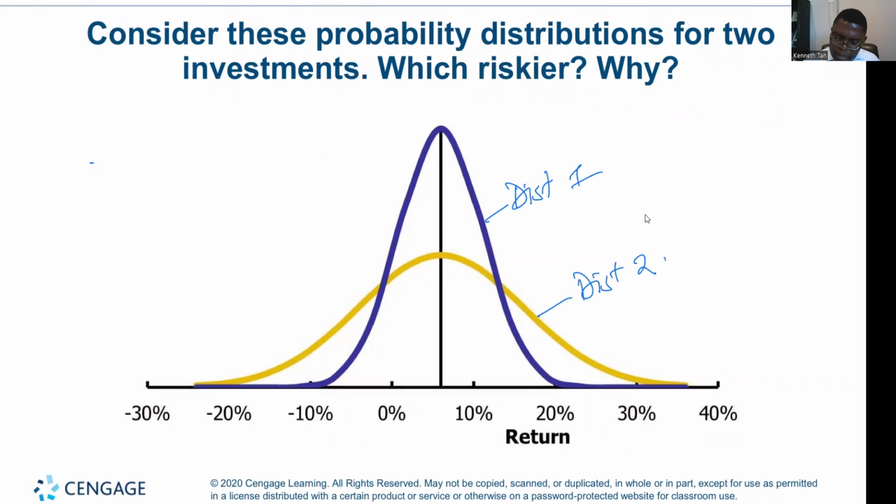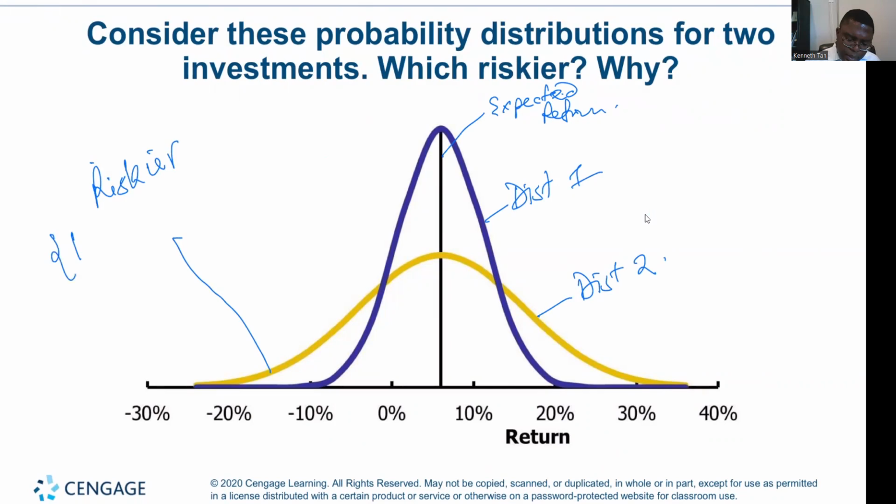In the middle here, we are going to have the expected return. My argument is that it is distribution 2 that is riskier.